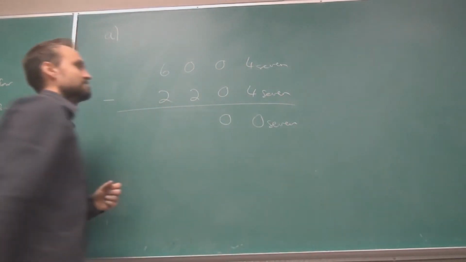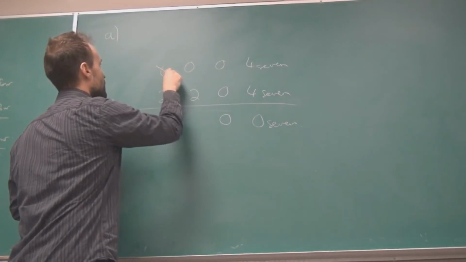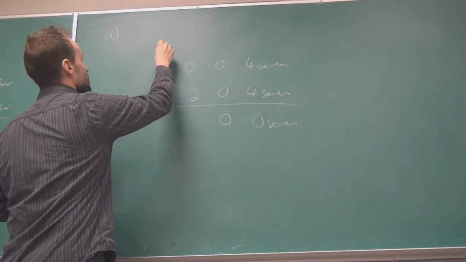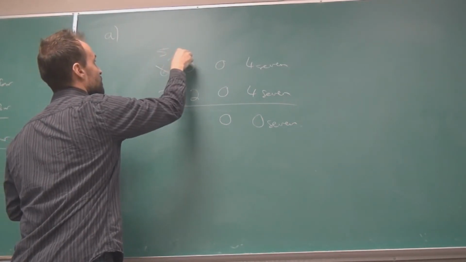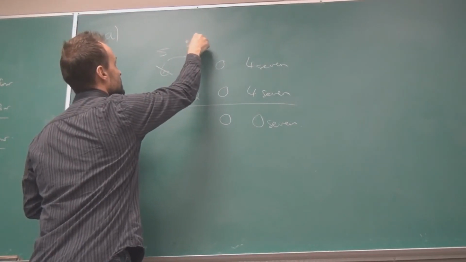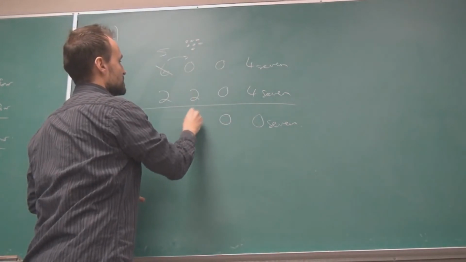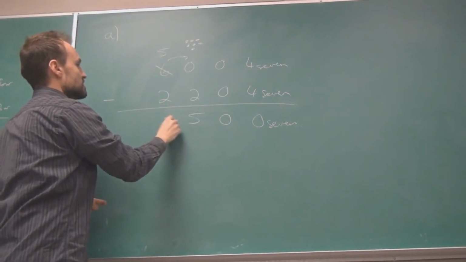Man, this is becoming easy. 0 minus 2, oh, nope. Borrow 1. So now this is a 5. Borrowed over, so I really have 7 that it splits into. However you want to write that. Drawings are fine. So 7 minus 2 is 5. 5 minus 2 is 3.